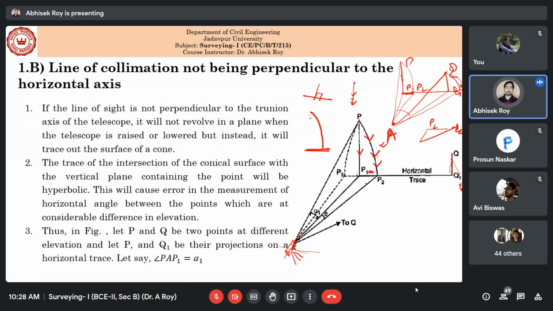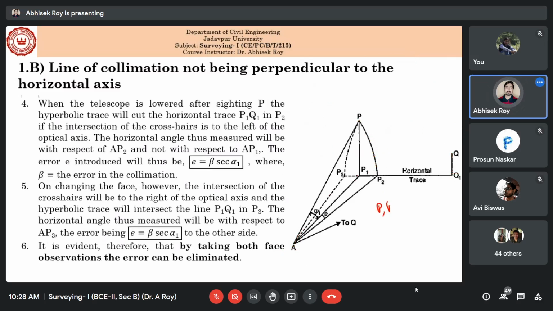Now if you calculate this value P1P2, that value will come as beta into sec alpha 1. Now what is the beta here? Beta is the error in the collimation. That means if your line of collimation is not perpendicular to the horizontal axis, this is the horizontal axis, this is the line of collimation. Line of collimation means this line through which you are seeing the object.